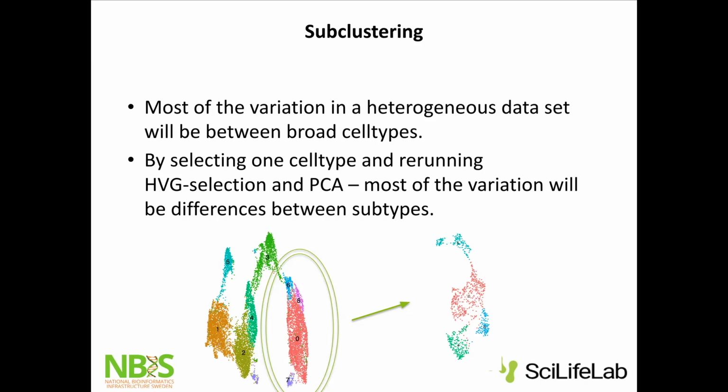Most of the variation in the genes and the PCA will be the difference between the main cell types, and will not describe so much the difference within this cell type. So if we then take only this cell type and we rerun all the steps that we've done before, we will get better separation of the data within that cell type.